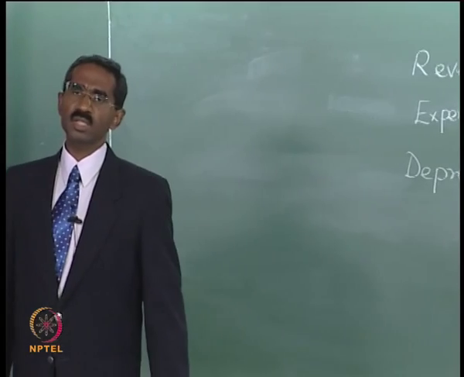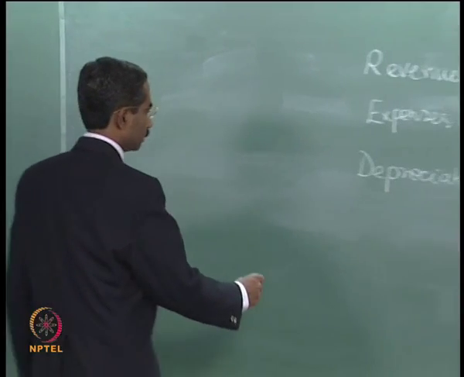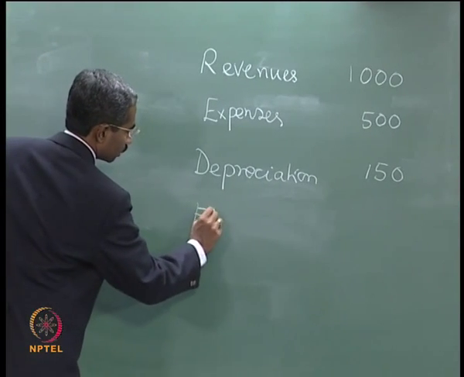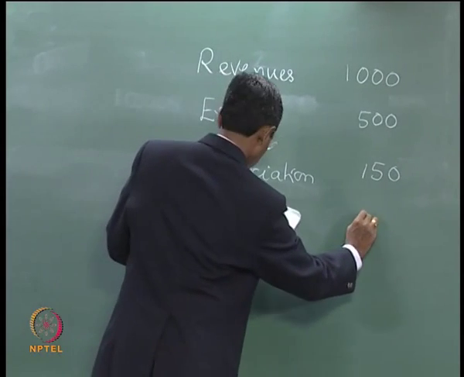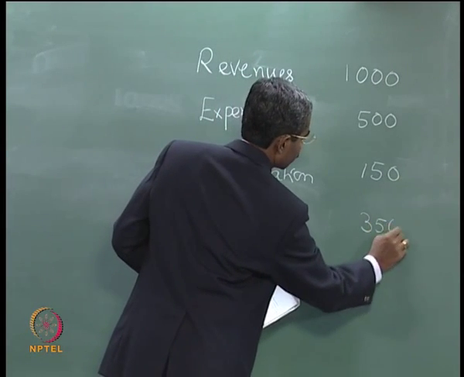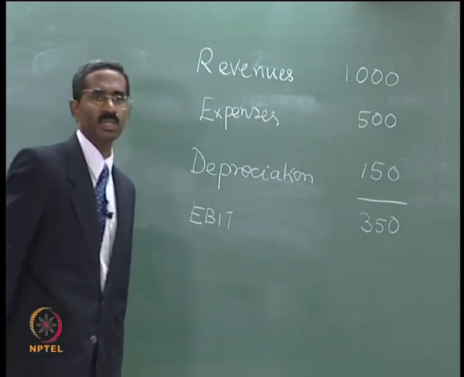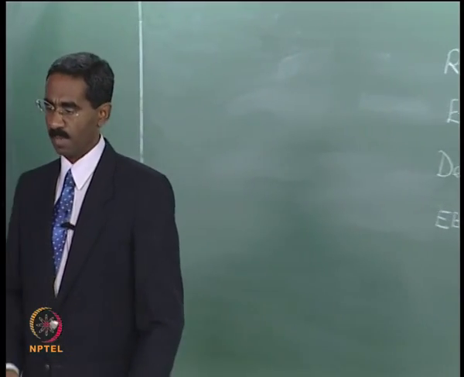So therefore the earnings before interest and tax would be 350. Earnings before interest and tax would be 350.